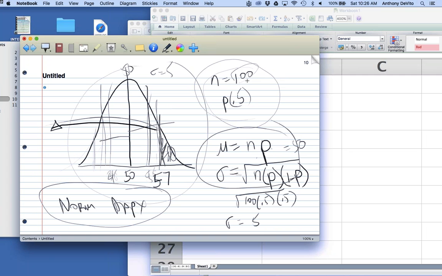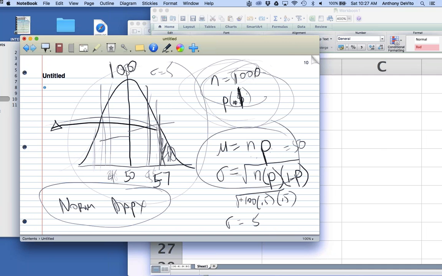Let's say I told you that you were taking a sample of 1,000 people at a time, and the prevalence of diabetes in that population was 0.1. Well, what would your mean outcome be for this? It would be n times p, which would be 10% times 1,000, so 100 would be the mean. And in this distribution, what would be your standard deviation?